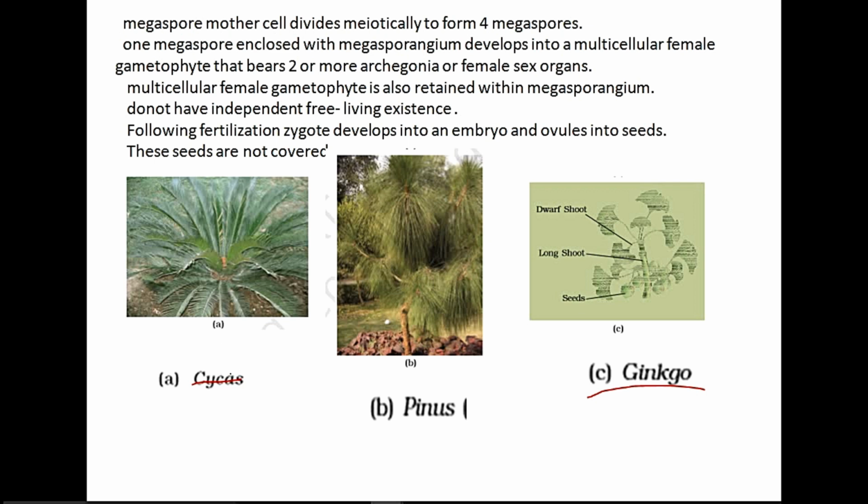And here in this cycas, there are pinnate leaves, in the sense, two sides they are present, right? As you can see here. Yeah, and that type of structure is known as a pinnate leaf, and the leaves here are well adapted to withstand extremes of temperature, humidity and the wind.